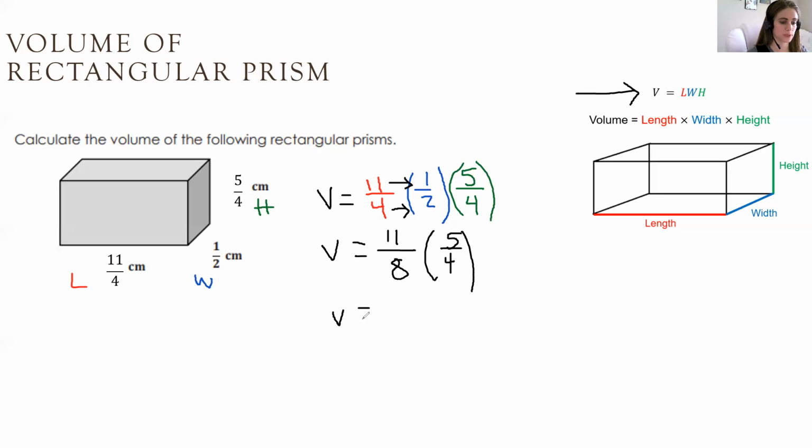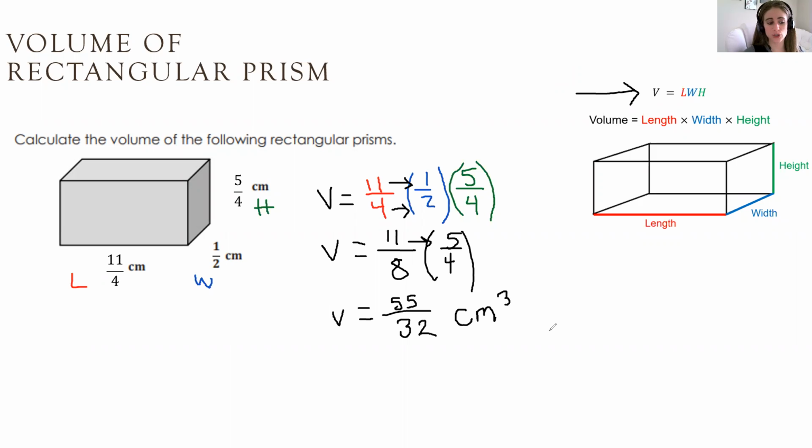Now we need to multiply that by 5/4. So 11 times 5 is 55. And then 8 times 4 is 32. Depending on your answer choices, if it leaves your answer as an improper fraction, then awesome, but most likely you'll need to simplify it.